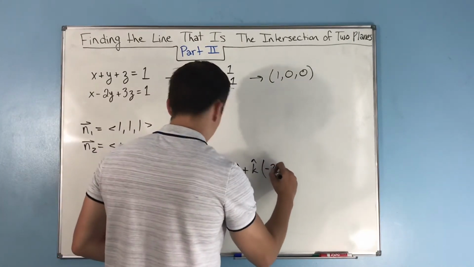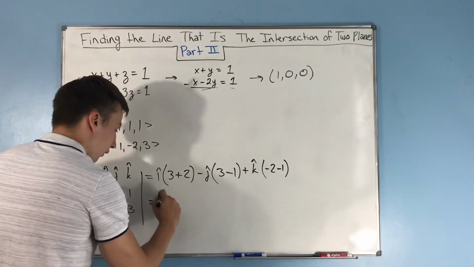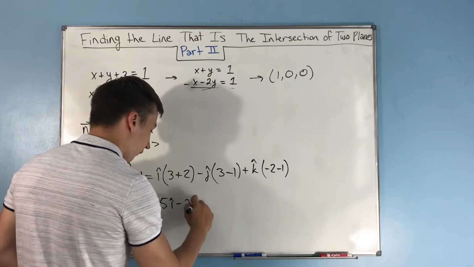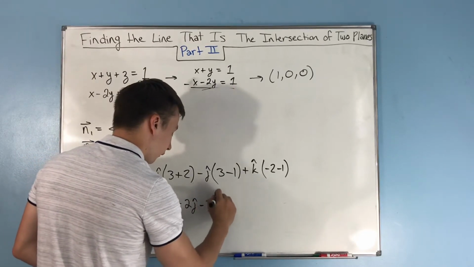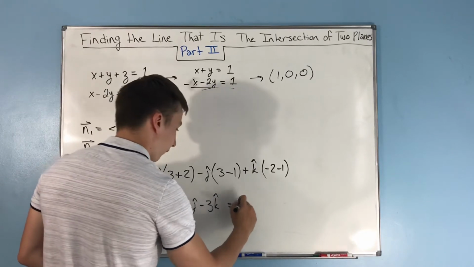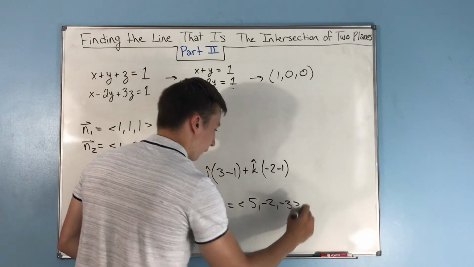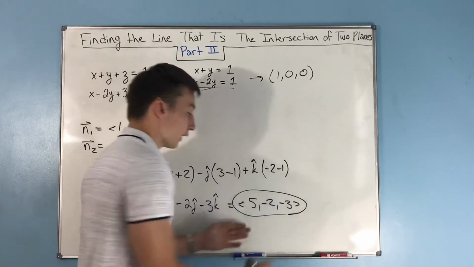So negative 2 minus 1. And this is going to be equal to 5i hat minus 2j hat, and then minus 3k hat. So we get the vector 5, negative 2, negative 3. And this vector gives us direction.